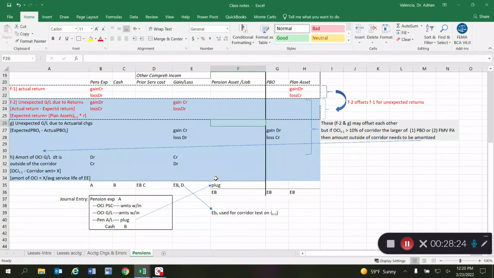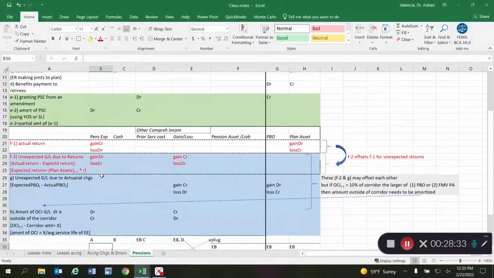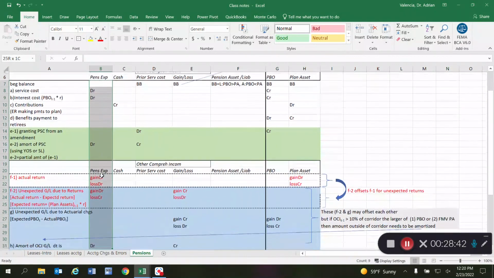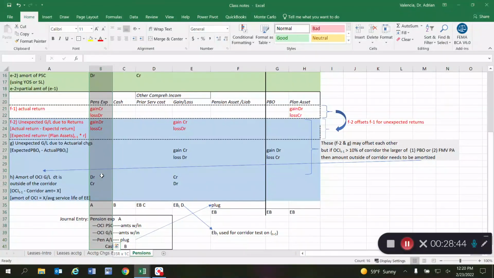Now, last thing I'll mention here is the journal entry itself. So this amount from the netting of all this: we started with service costs, interest cost, amortization of prior service costs, actual return, and then the adjustment for unexpected amounts, and then possibly the amortization of amounts outside of the corridor for gains and losses related to OCI.